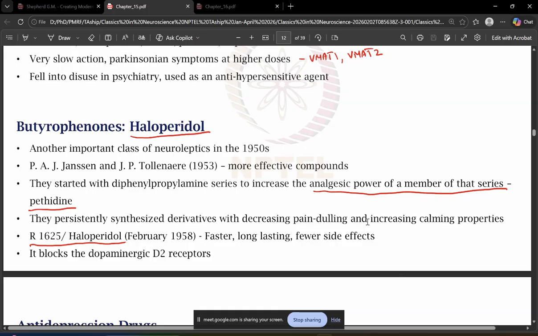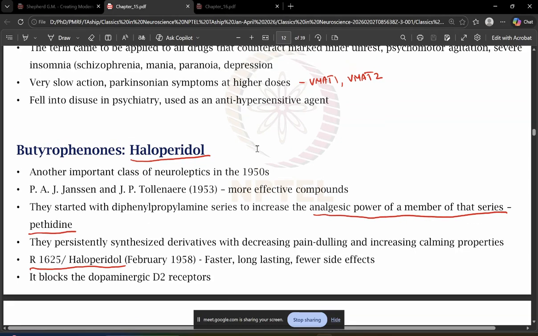Because the objective was to make a compound which can act as an antipsychotic drug, basically to calm people who were agitated, or who were having manic depressive disorders, or who were having psychotic episodes. For those people they wanted to make a drug.